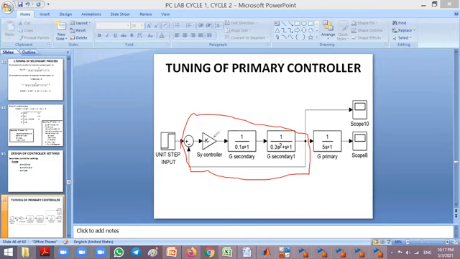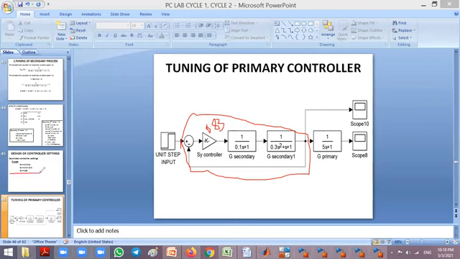So I am putting a gain block. A proportional controller is nothing but a gain block. So here the gain is implemented as 6.83, which we got in the previous calculation.